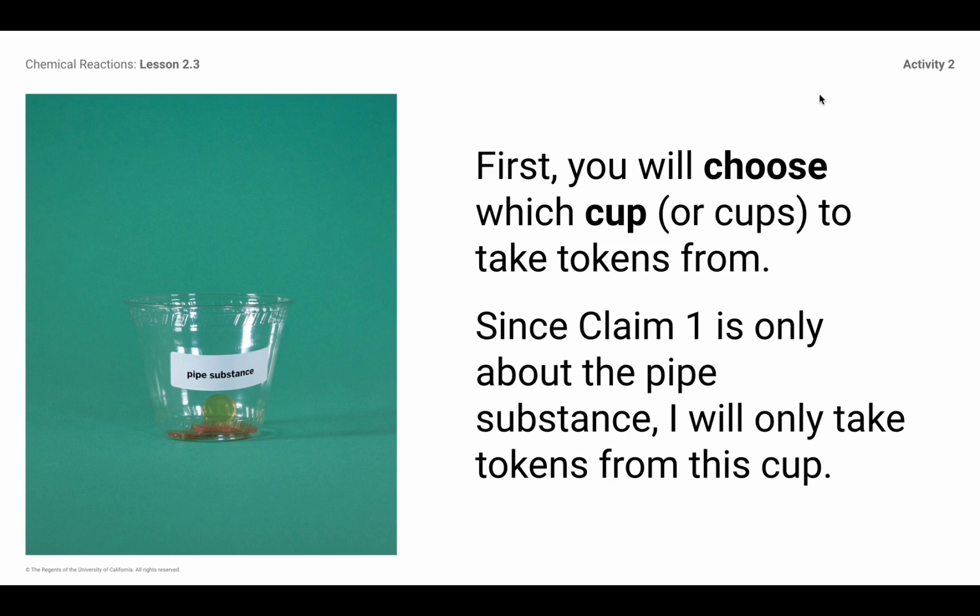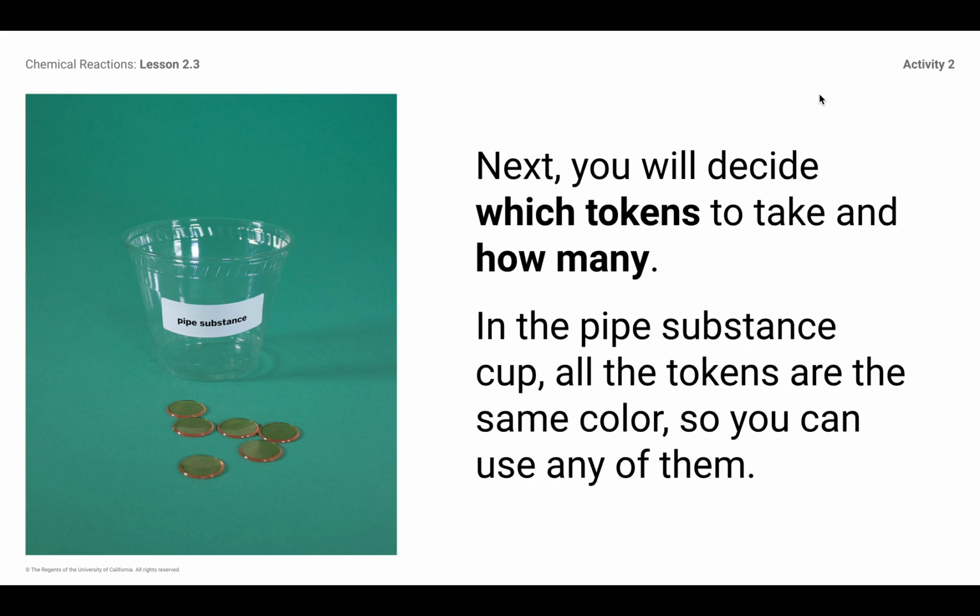So first, you're going to choose which cup or cups to take the tokens from. Since claim number 1 is only about the pipe substance, I'm only going to take tokens from this cup. Next, you will decide which tokens to take and how many. In the pipe substance cup, all the tokens are the same color, so you can use any of them.